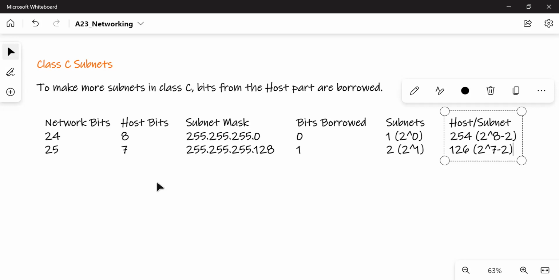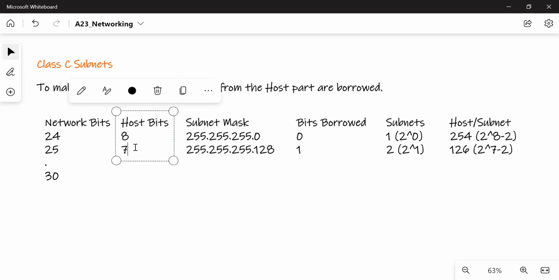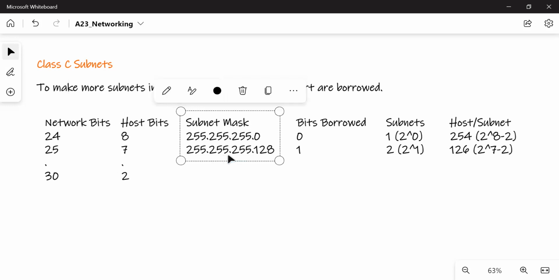So if you go along that way, the maximum number of bits you can borrow is 6, giving network bits of 30. The reason is that the minimum number of host bits possible is 2. You cannot go beyond this point.